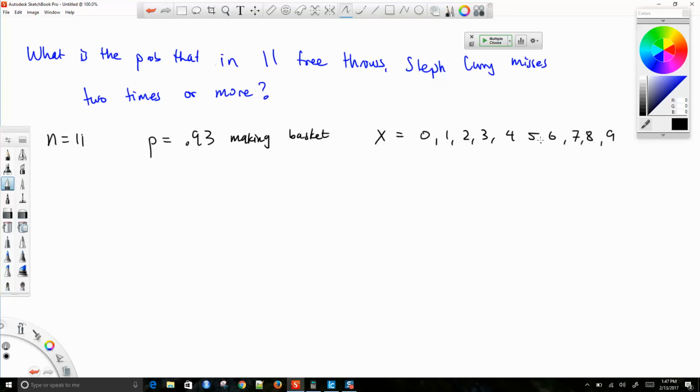Because missing 2 or more times includes all of these outcomes. Now this is 10 calculations. That's probably too many to do. We would have to do the probability of 0 plus the probability of 1 plus the probability of 2 all the way up to plus the probability of 9. That is too many calculations. So what's a better alternative?